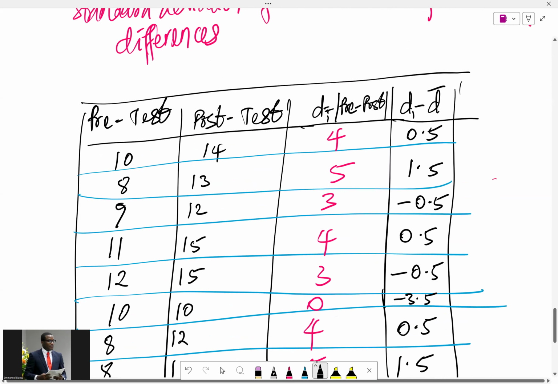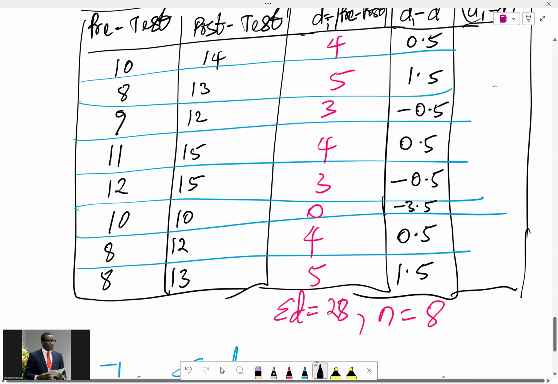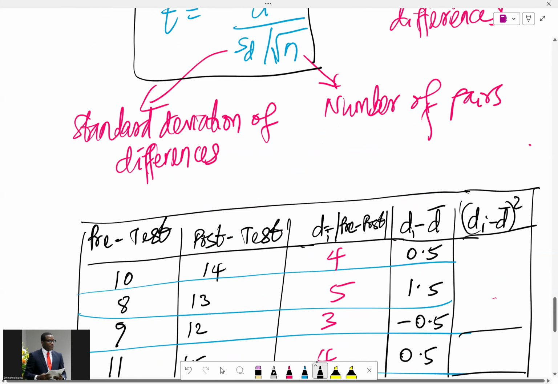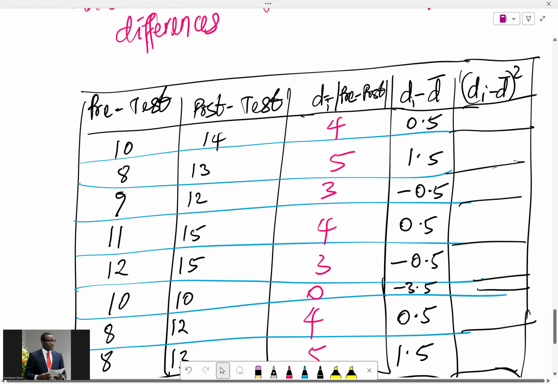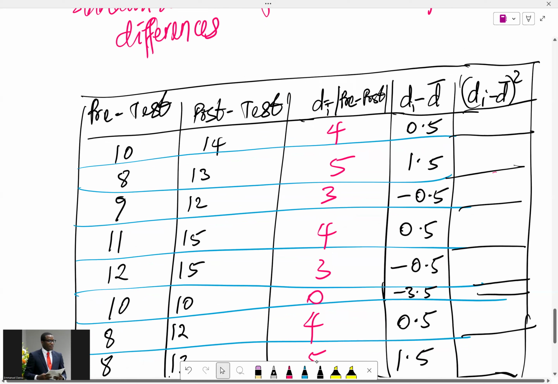And then we now have Di minus D bar all squared because we need the sum of all this. I'm already flouting my rules. Don't trust your brain under pressure. 0.5 times 0.5 will be 0.25. Then 1.5 times 1.5, 15 times 15 is 225, so with two decimal places it should be 2.25.